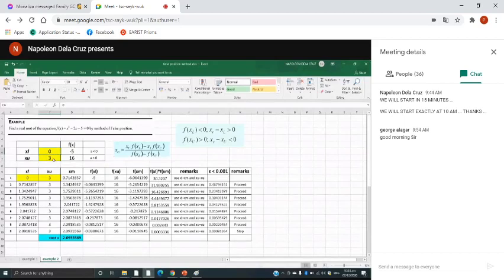Ito po sa tabi po ng value na nilagay nyo po. Yung 0 and 3. Kasi nagbago po siya. Hindi, sir, may condition yan.